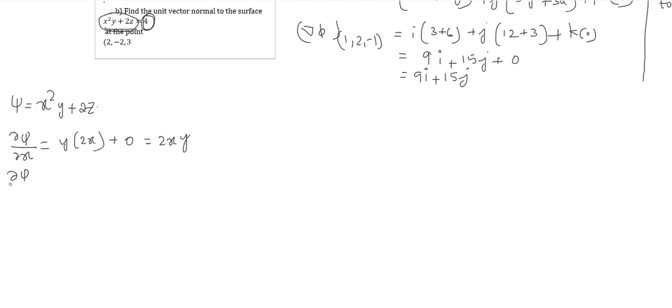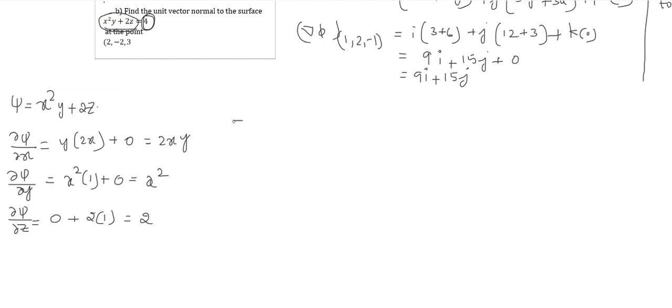And the partial differentiation of xi with respect to y, here x is constant and z is constant, so x square is constant, the partial differentiation of y with respect to itself is 1, plus the partial differentiation of z is 0, so it is x square. And dou xi by dou z, here x and y are constant, the differentiation of x square y is 0, plus 2 into the differentiation of z with respect to itself is 1, which is 2.